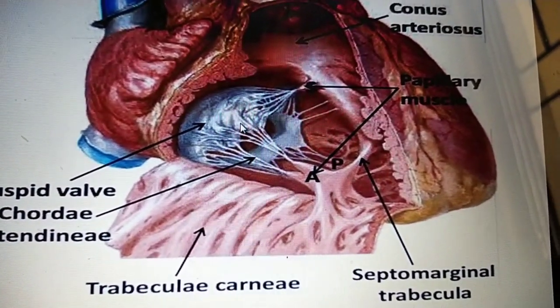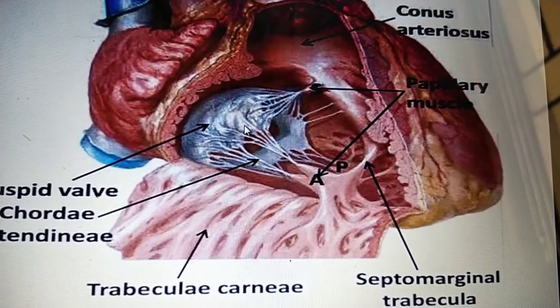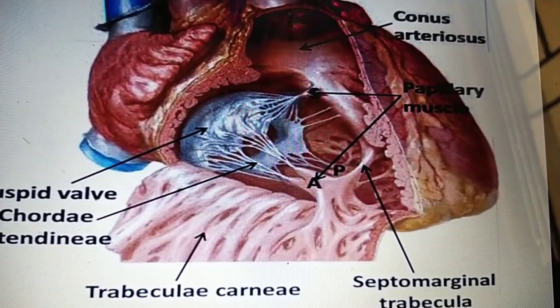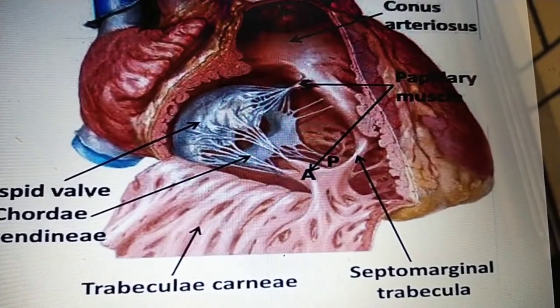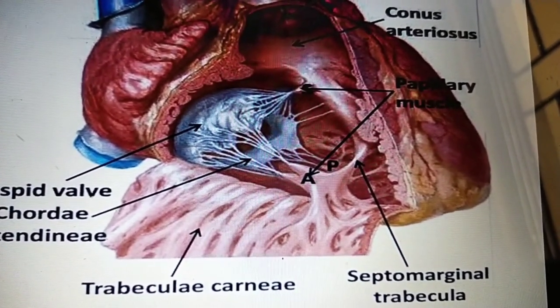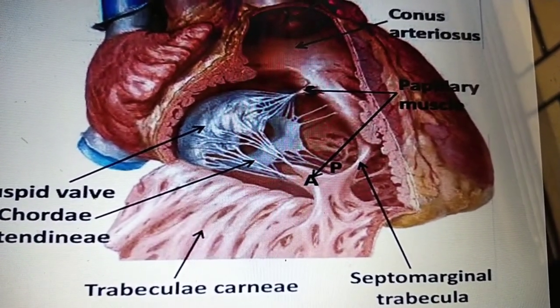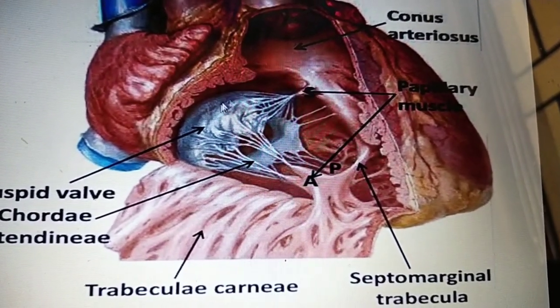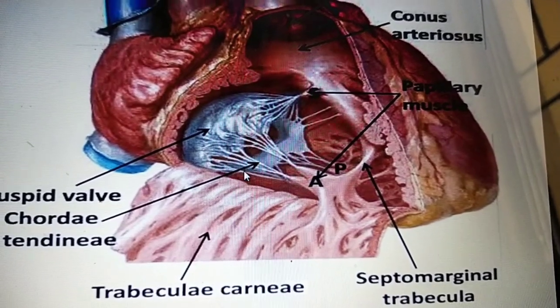Tricuspid: tri means three, cusps means leaflets or concave, pocket-like structures. It has three cusps in the right atrioventricular valve. That is why it is called a tricuspid valve.